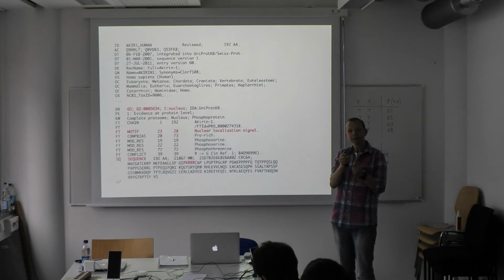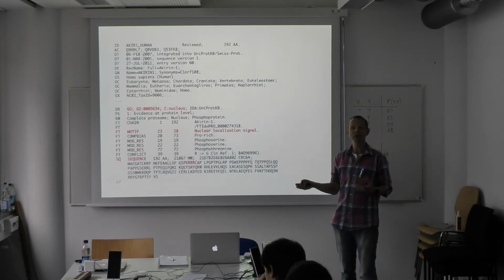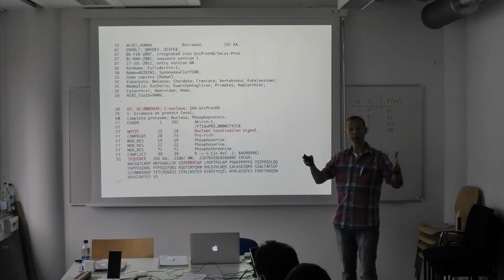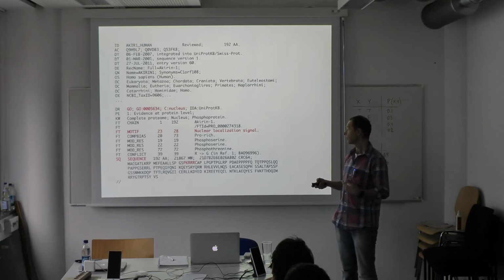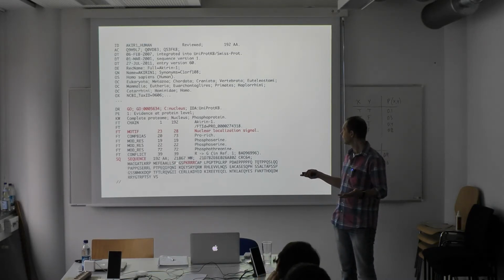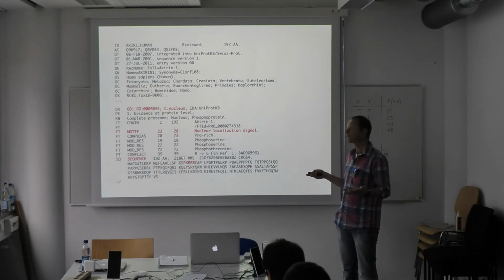And then they might mutate that position by position to identify what are the positions that are critical to that translocation. Otherwise, they wouldn't get their paper published. So someone has gone through the trouble of identifying this as being critical to the localization into the nucleus. So we can make use of this.